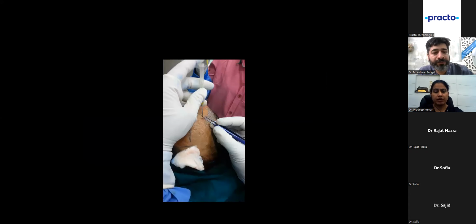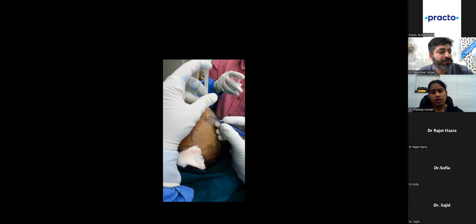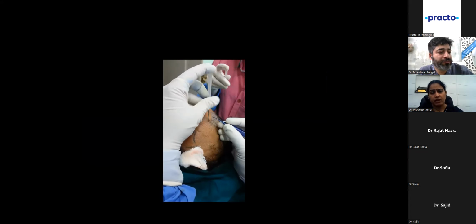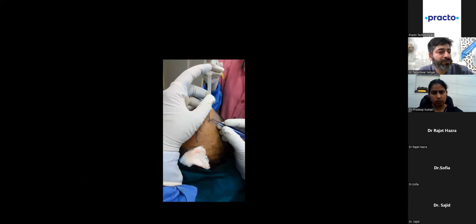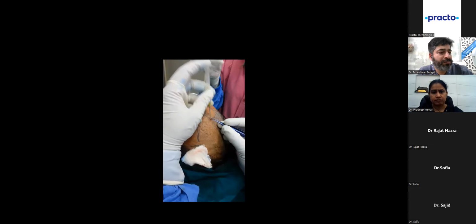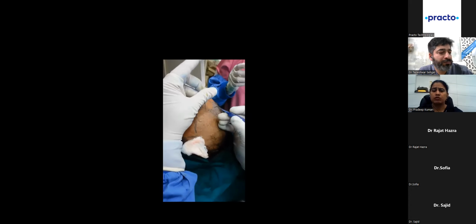Then coming to the next part of it, wherein the rapid, see in this, some of the hairs are already implanted, and the implanter is going ahead. So this is how we do this implantation. In this, because the graft is being held in a slit, the implanter does not have to touch it repeatedly.